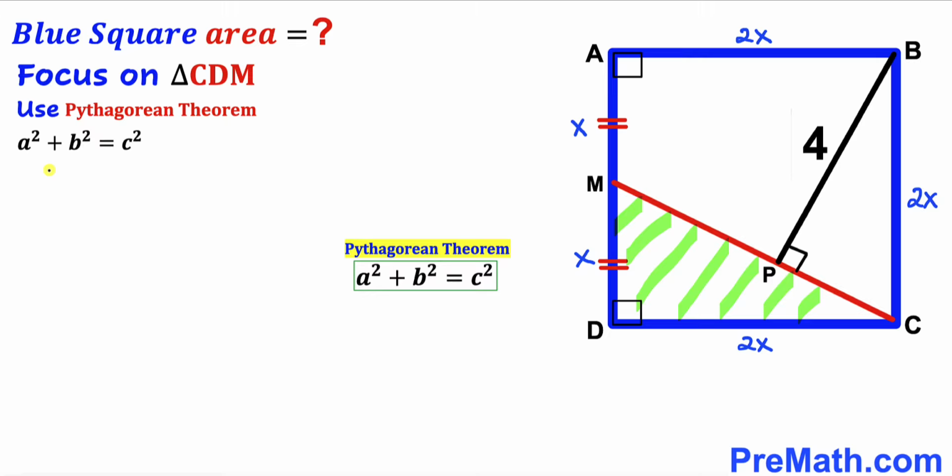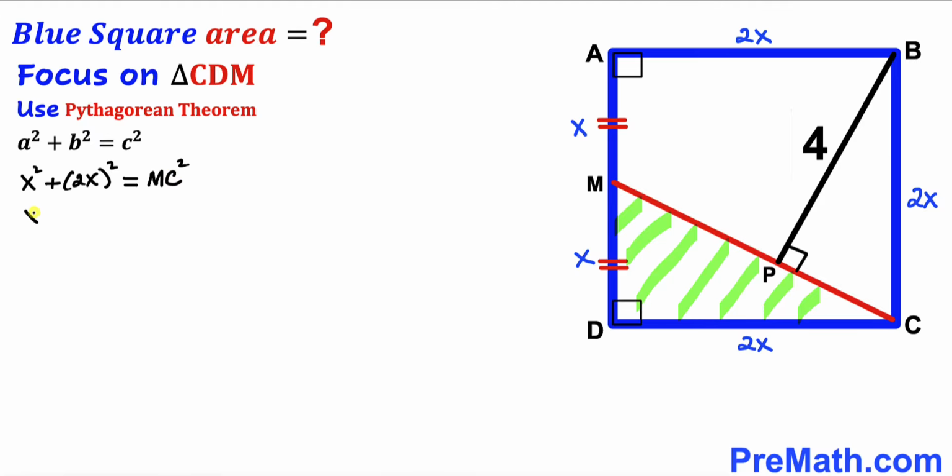Let's fill in the blanks. We get x squared plus (2x) squared equals MC squared. So we have x squared plus 4x squared equals MC squared. Let's simplify. MC squared turns out to be 5 times x squared.